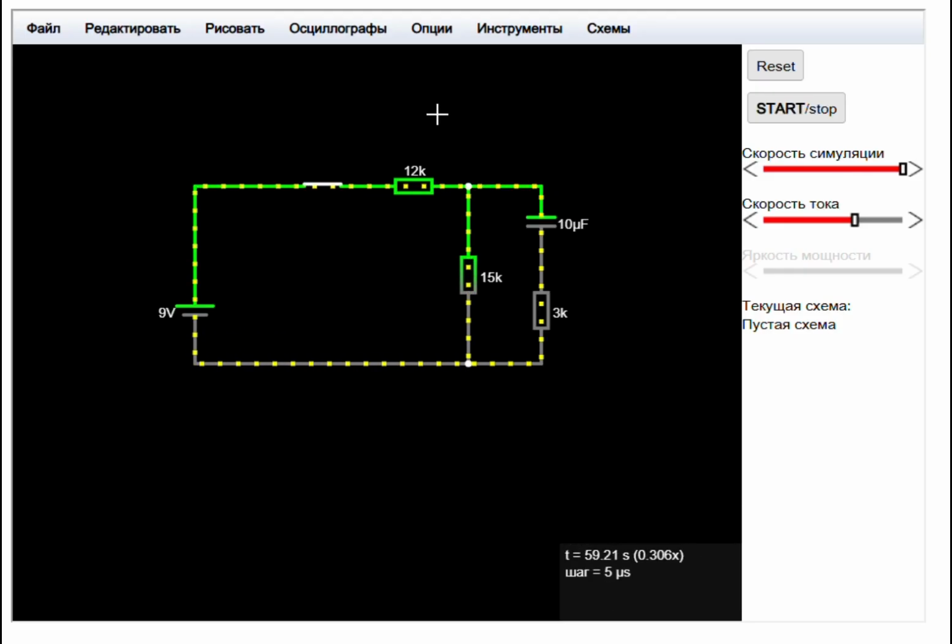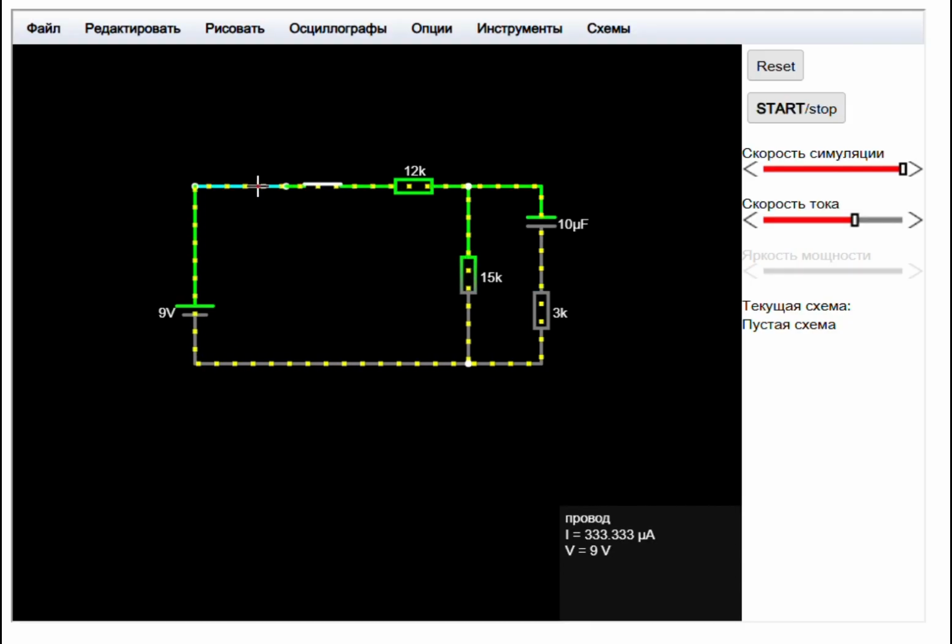Let's see that in the first case, they said that at the steady state, after a long time, after the capacitor is fully charged, it will not give access to the current flow.